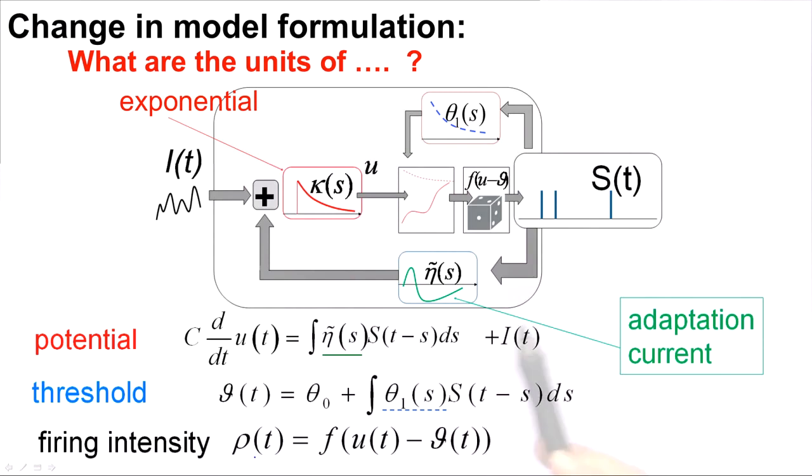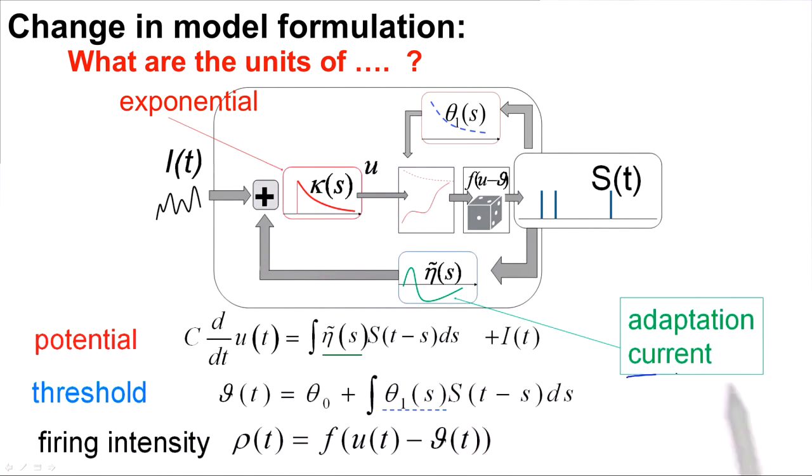So what are the units now? Well, I have here units of current. This is a current. So the total thing should be also a current. ds means integration. S is a sequence of delta pulses. If I integrate out the time, they disappear, so eta has units of current.